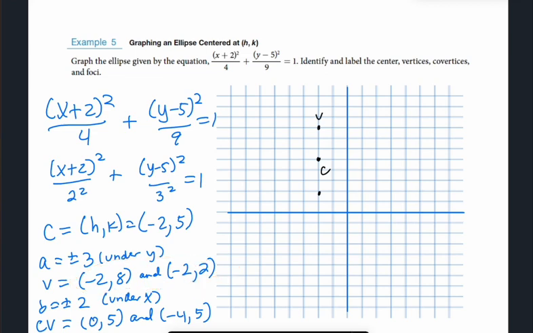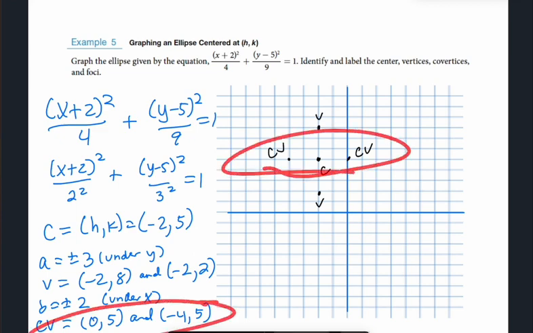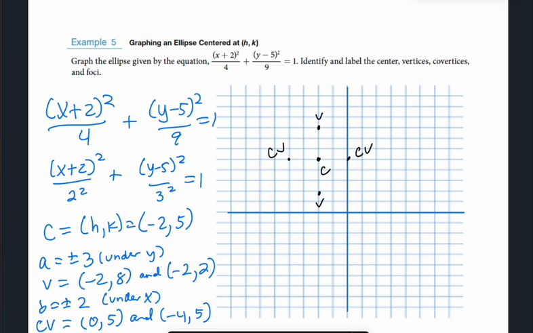Those are labeled as vertices. Now we need to go 2 in the x direction from center, 2 to the left of center, 2 to the right of center. Those are co-vertices. And those labels should match those 2. If they don't, you did something wrong. And then make your egg shape.